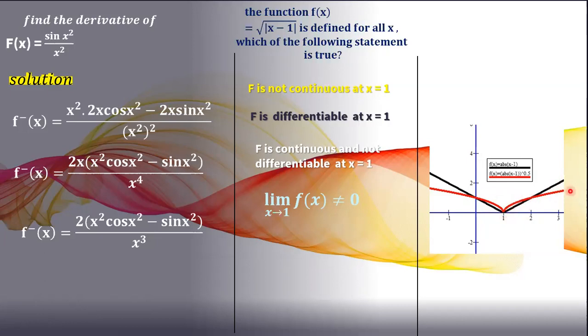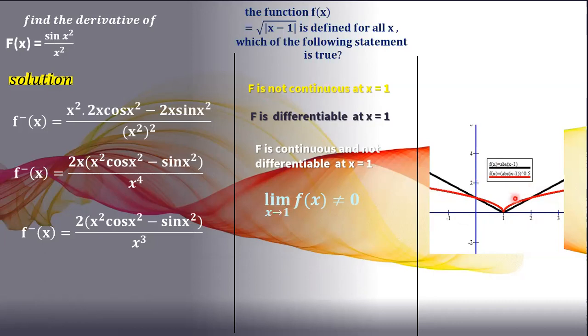So we'll get this red curve. This red curve is continuous at x equals 1, so A is wrong. And the limit of f of x as x approaches 1 equals 0, because the right limit equals the left limit equals 0. So the fourth one is wrong.